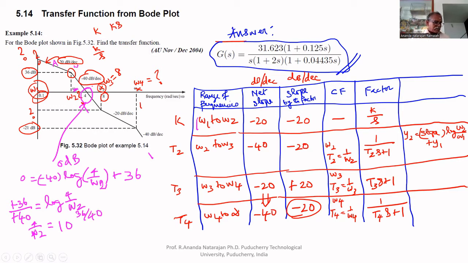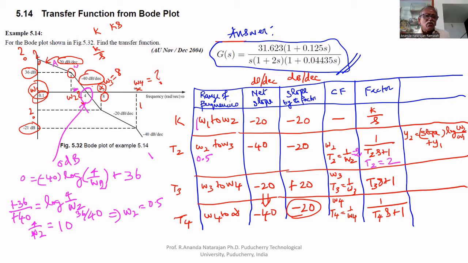If you use that 36 by 40, then omega 2 equal to 0.5. Therefore, we can substitute omega 2 equal to 0.5. Omega 2 equal to 0.5 means T2 equal to 1 by 0.5 is 2. T2 equal to 2.